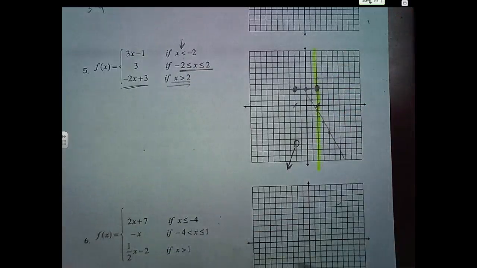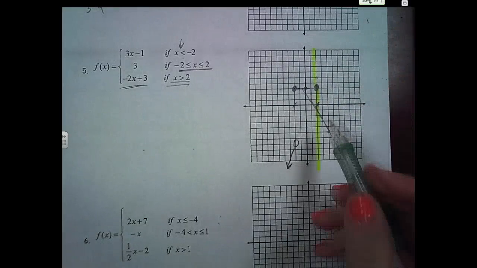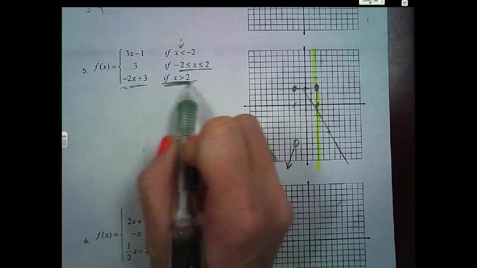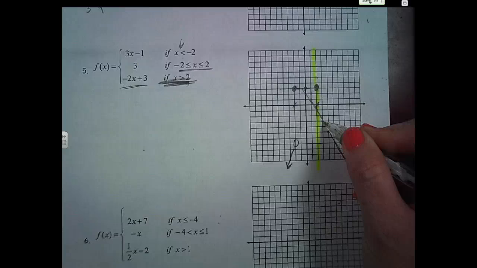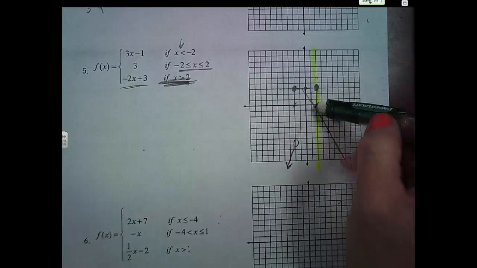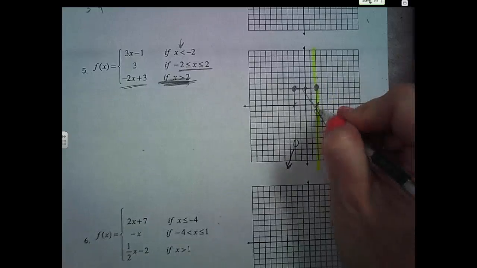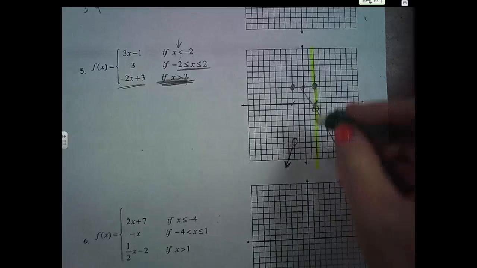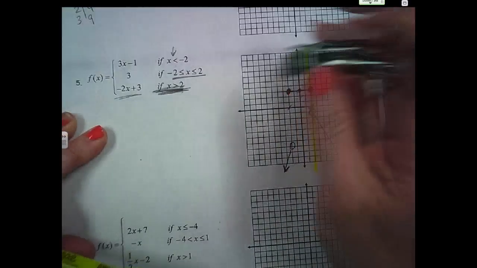So if I drew this line, and I'm saying x is greater than 2, it doesn't mean start my line here at 3. No, it means go to 2 and put what kind of circle? Open. An open circle at 2, and then start it at 2. Kids want to erase and start it at 3, and that's not right.